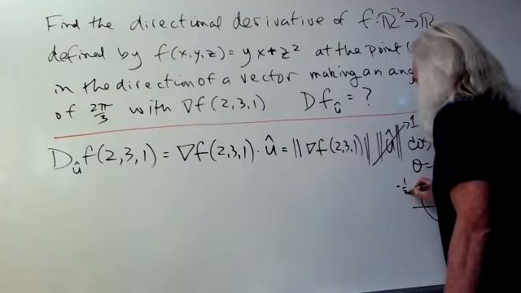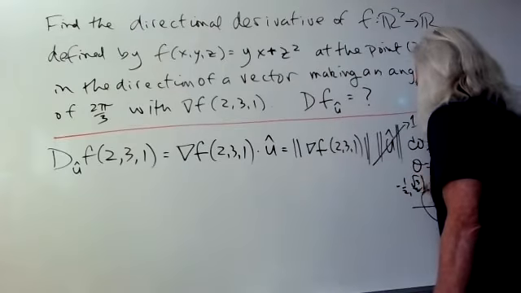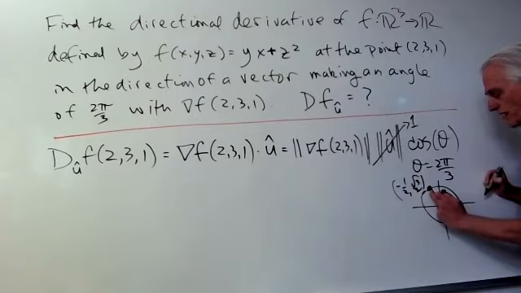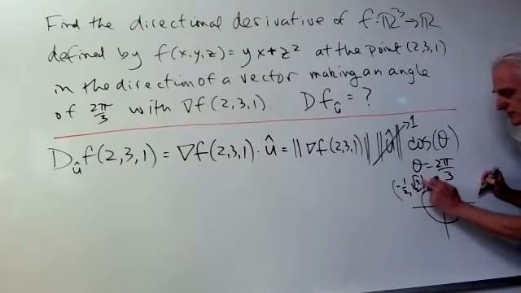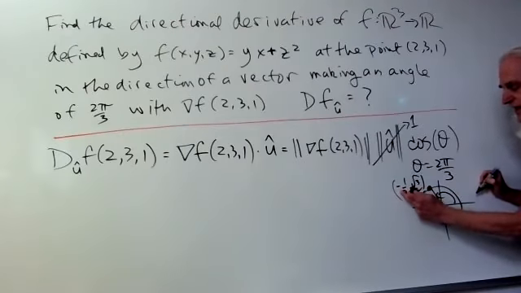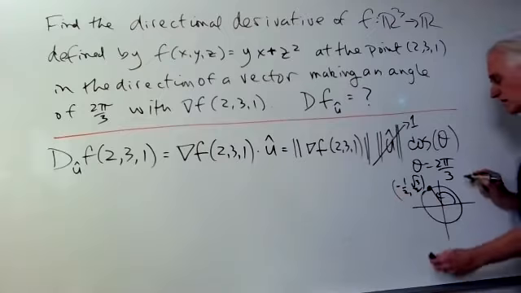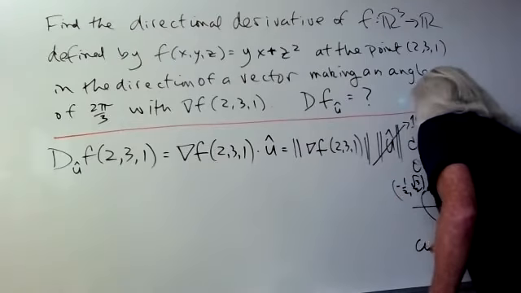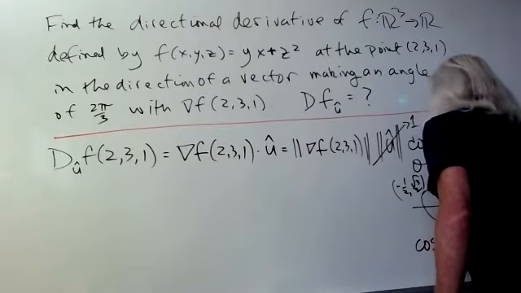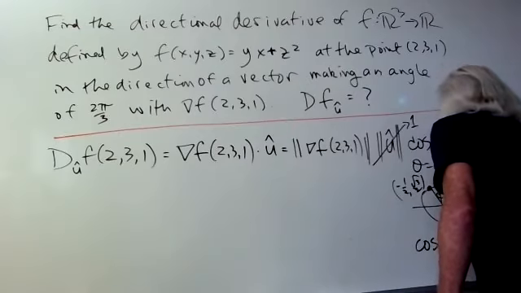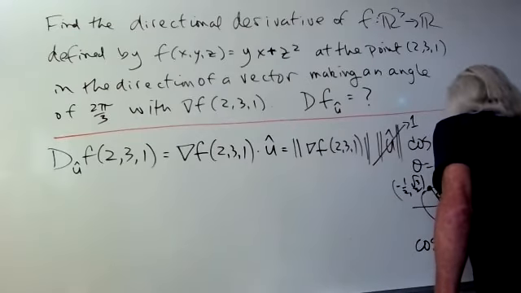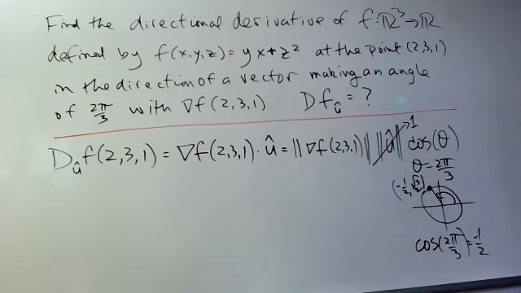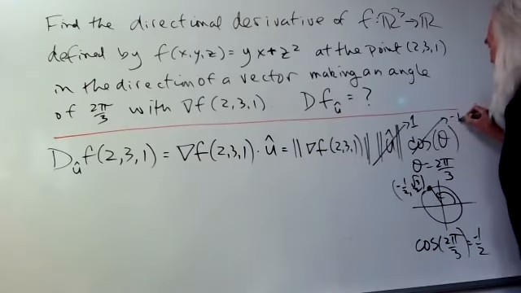So negative a half and square root of 3 over 2 are the x and y components of that point. The y component is a little bit bigger than the magnitude of the x component. Cosine is the x component. So cosine of theta, or 2 pi over 3, is negative a half.